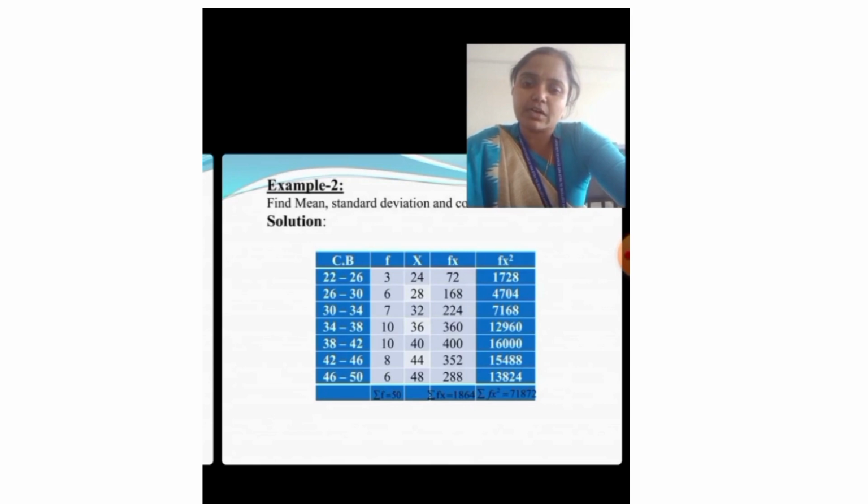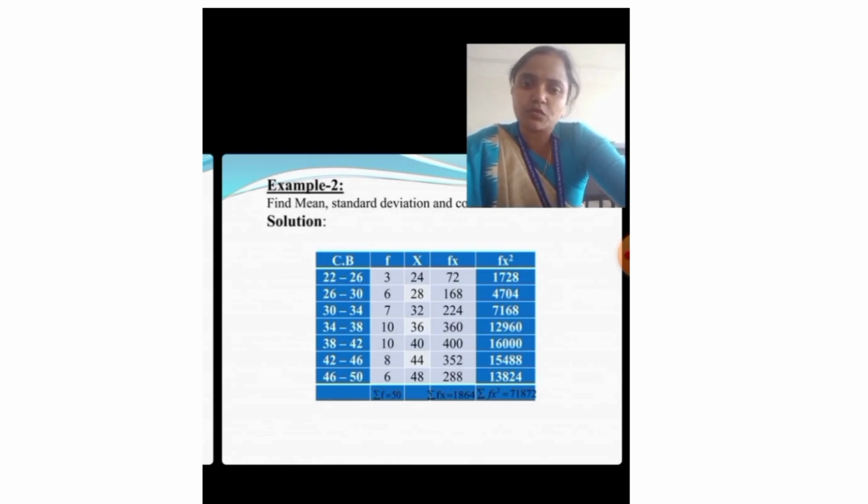The frequency f for this continuous case is also given: 3 for 22 to 26, 6 for 26 to 30, 7 for 30 to 34, 10 for 34 to 38, 10 for 38 to 42, 8 for 42 to 46 and finally 6 for 46 to 50.